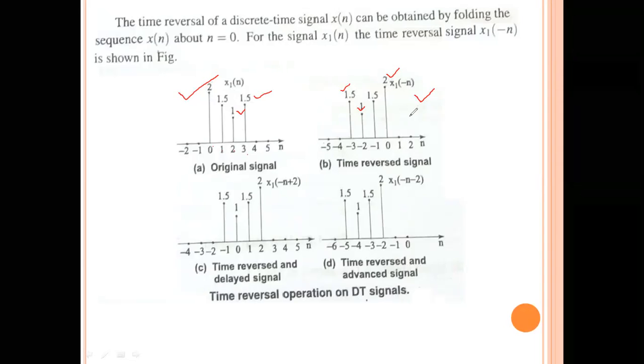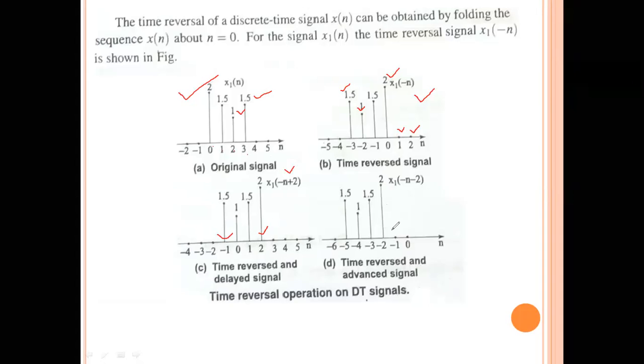Suppose you are asked to sketch x of minus n plus 2 and x of minus n minus 2. That means this x of minus n signal is advanced by 2 units. Now see here, if you advance this particular signal by one unit, it will come at n is equal to 1. If you advance the same signal by one more unit, it will come at 2. So minus 1 and minus 2.